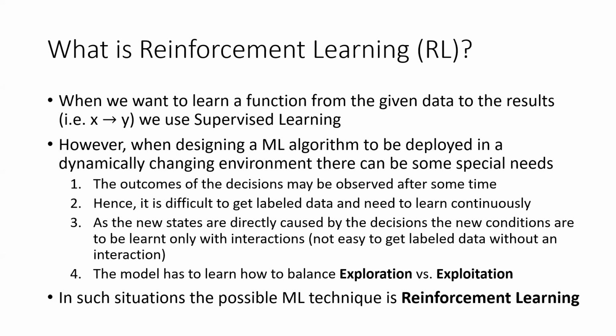For example, if you want to train a reinforcement learning model for self-driving cars, it's not safe to train a new model in a real car because in the earlier stage it may cause many accidents which would kill people, so that cannot be allowed.